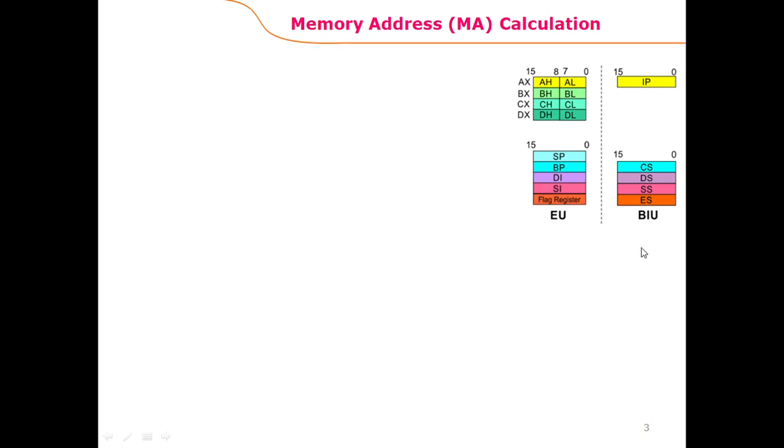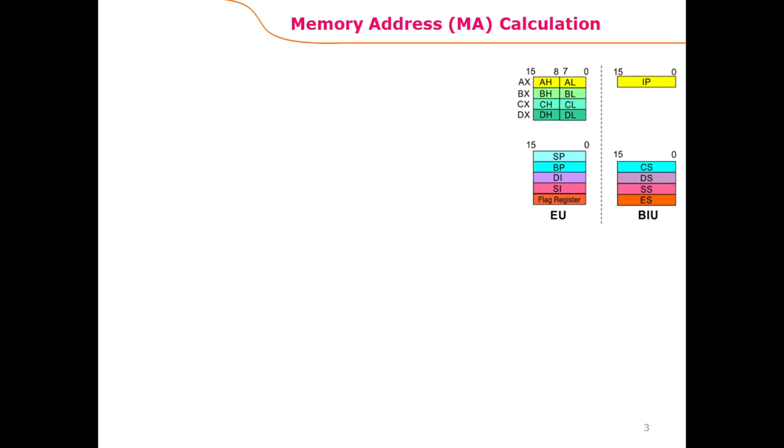The bus interface unit is responsible for computing addresses and fetching data and instructions from the memory, while the execution unit is responsible for executing instructions, and its registers are used to store the operands and the result after computation.